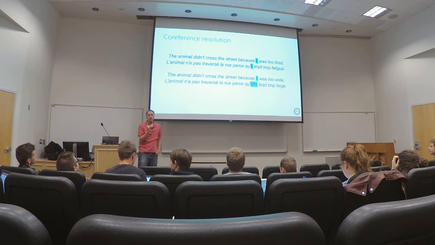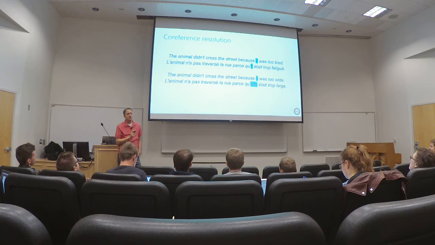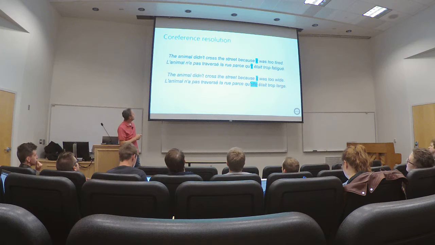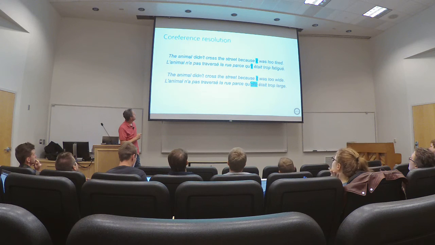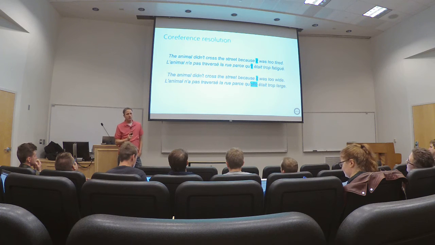Now notice that if you were reading the sentence left to right, you wouldn't know that until after you had seen this word. So here's the problem. If you translate this sentence into French, if it refers to animal, animal is a masculine noun, so you need to output the masculine version of it.